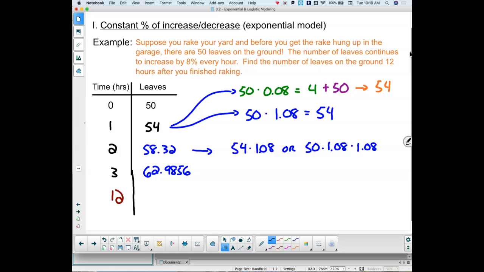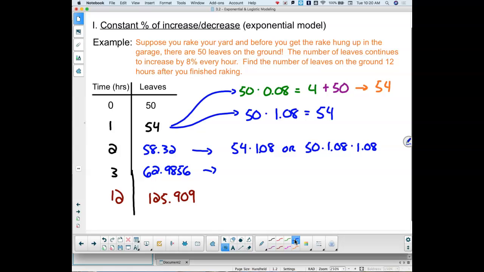How many we got? 126. Really, it's 125.909. But we'll probably call that 126. How did I get that? That's a great question. How'd you get that? Because this hour number 3 would have been 58.32 times 1.08, right?